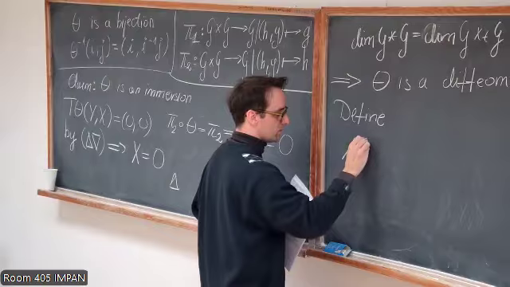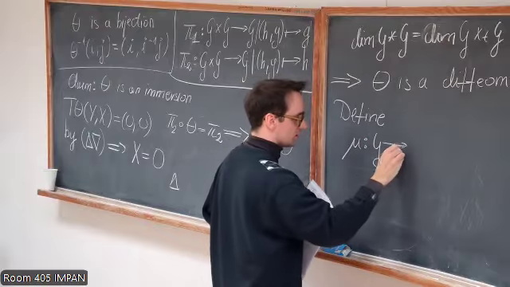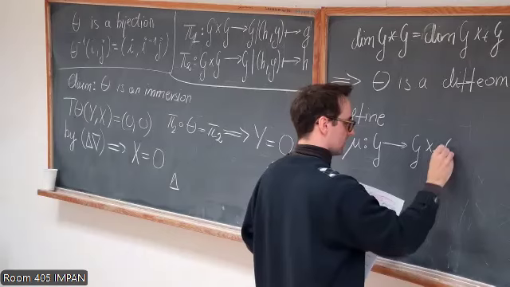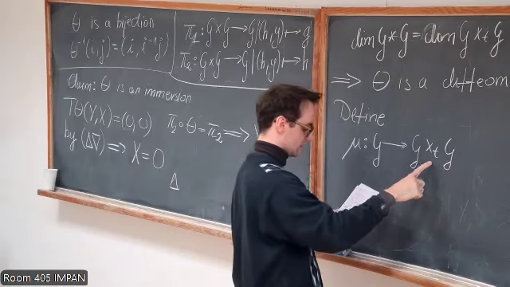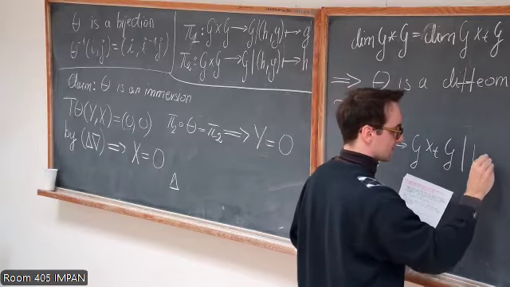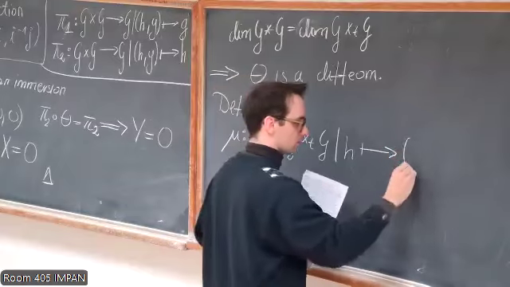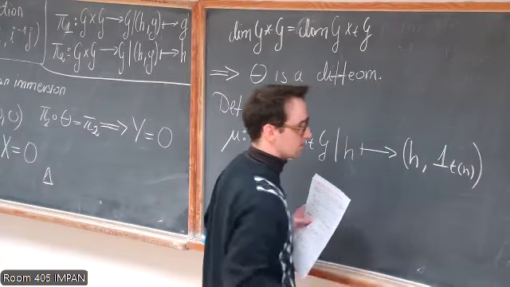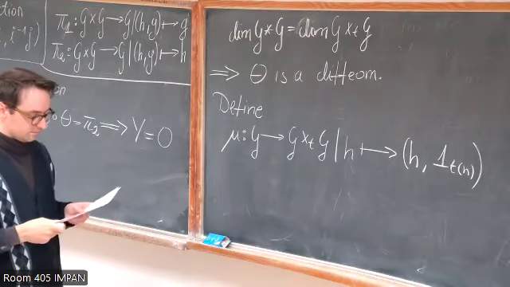Okay, so theta is a diffeomorphism. Then define a map mu from G to G times G over the target as follows: it takes h and maps to (h, identity of the target of h).